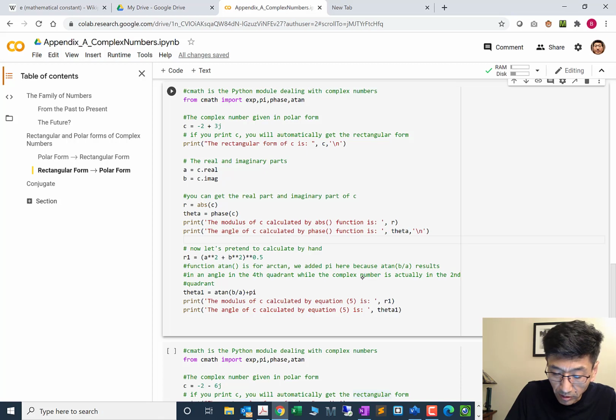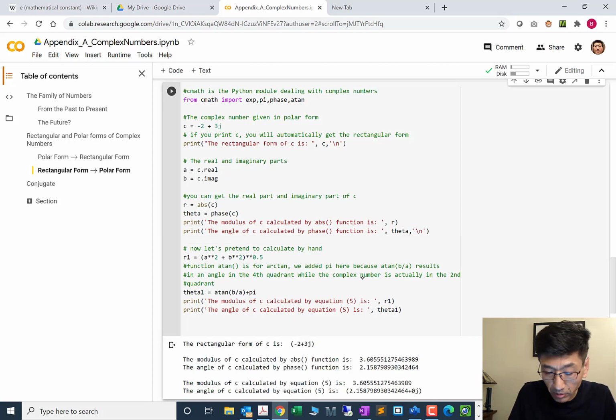Okay, so theta is arctangent, the arctan function, also in cmath. So the arctangent of b over a. In this case, we want to add pi. So let's run this. You can run it on your own computer also to test. The plot here is what I printed.